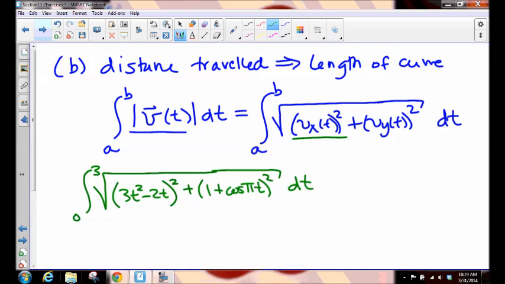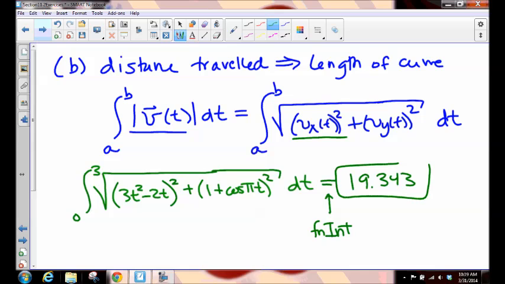I don't think that's going to be very easy to integrate. So I just used my calculator and I used FNINT and I got 19.343 as the distance the particle traveled.